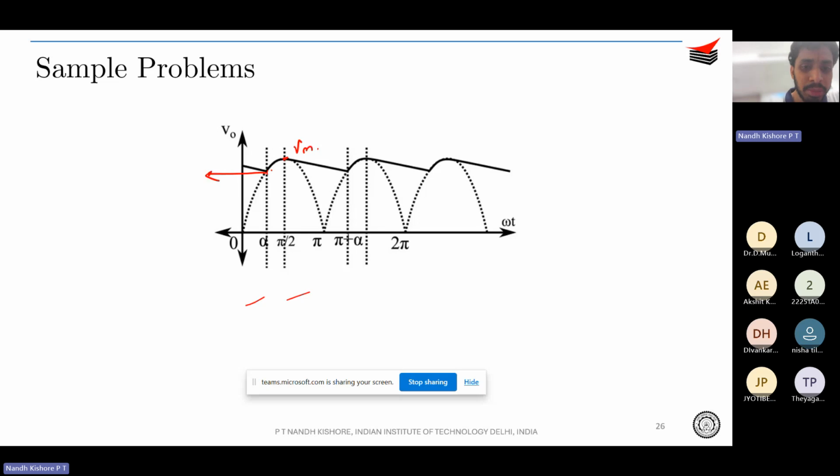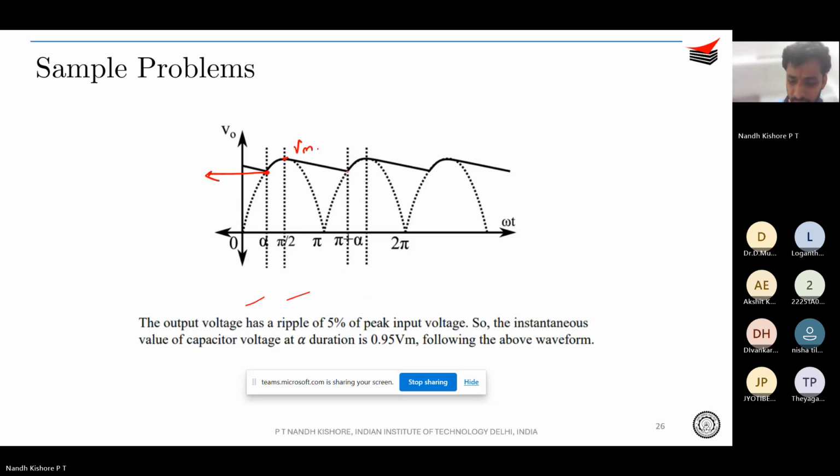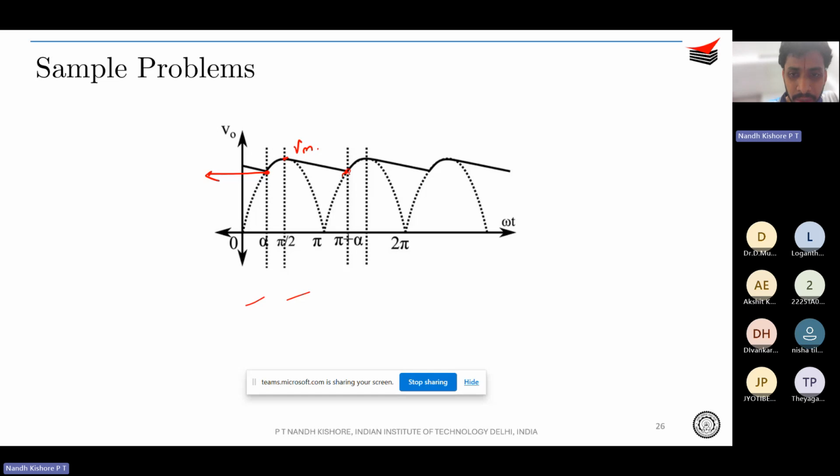They are telling that this particular point is 5% lesser, correct? The voltage ripple is 5% of the peak input. So this point will be 0.95 times Vm, correct? So the ripple is between 0.95 Vm and Vm, and so on.